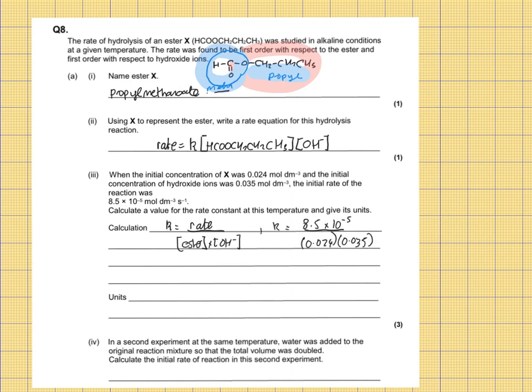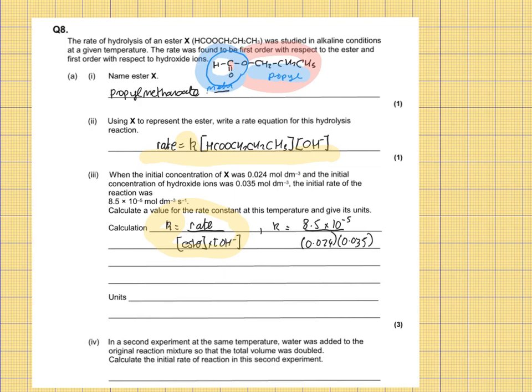For this part of the question, all you needed to do was to substitute the values into our rearranged rate equation. So as before, if we're asked to find the rate constant, we need to rearrange the rate equation. To isolate k, we need to divide both sides by the concentration of the 2 reactants. So here's our rearranged rate equation.